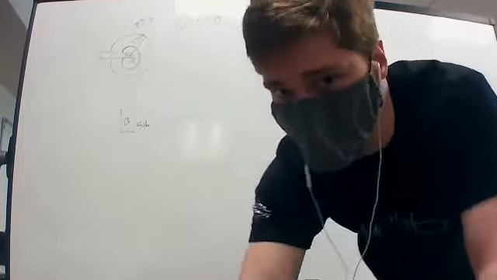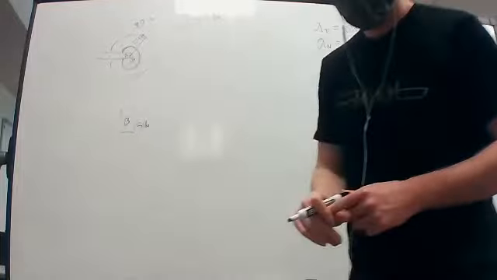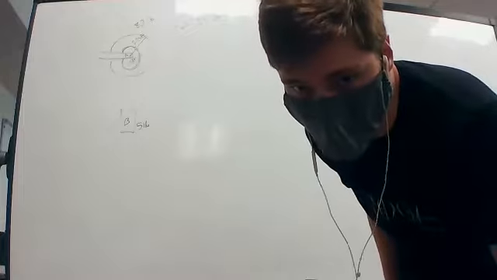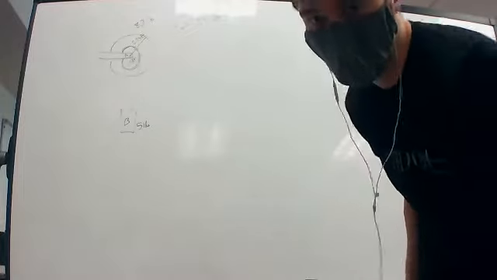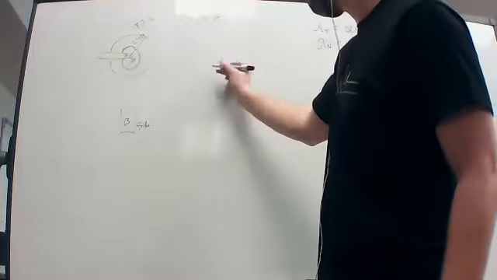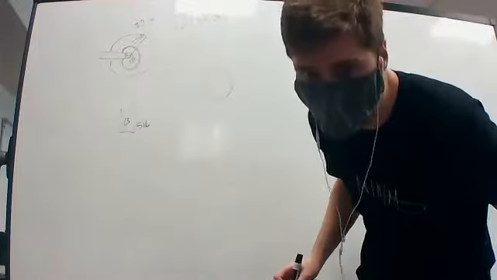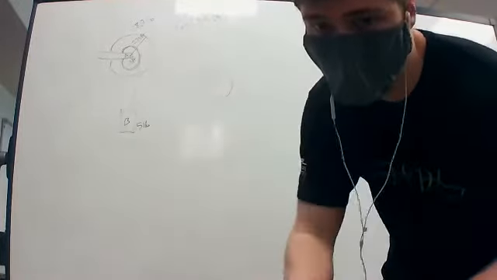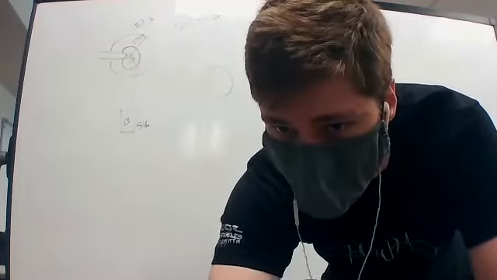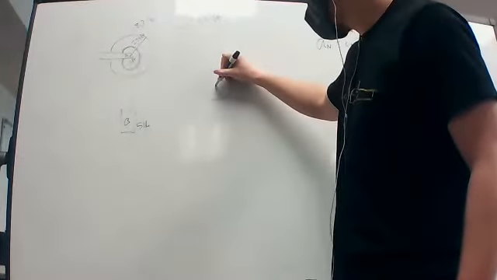Okay, so in order to solve for the acceleration of block B and the tension in the cable, we're going to set up a free body diagram for both the circle and the block. So we'll start off with the spool, where we have our free body diagram showing all of the forces acting on it.